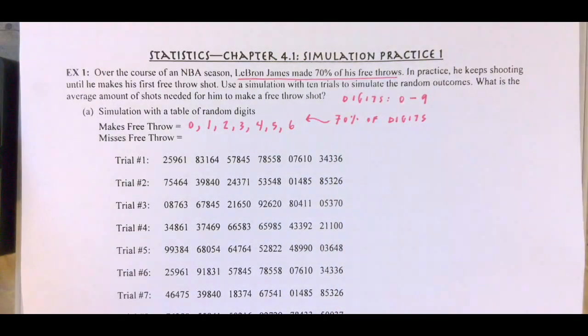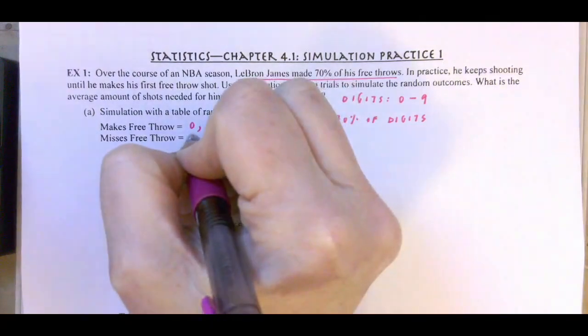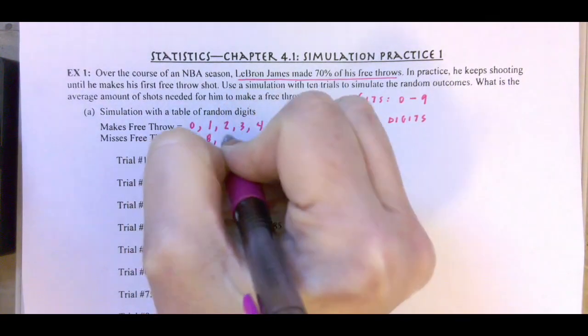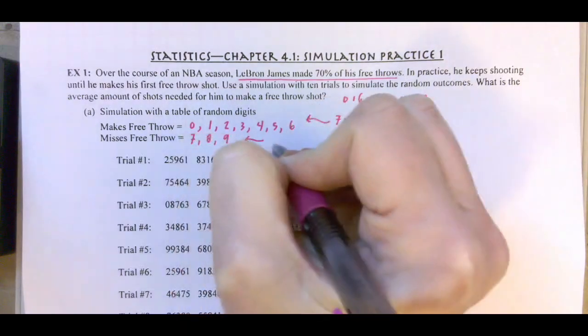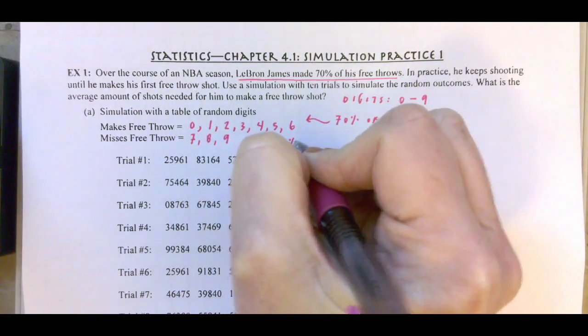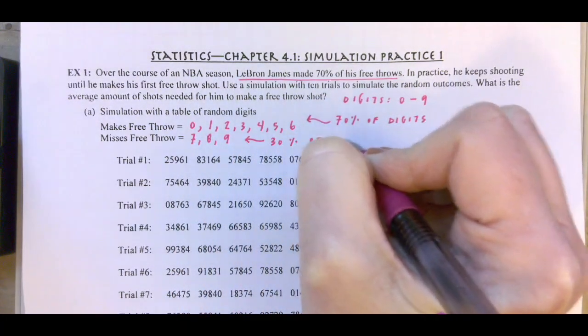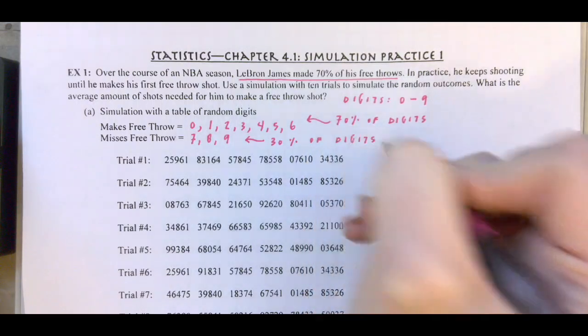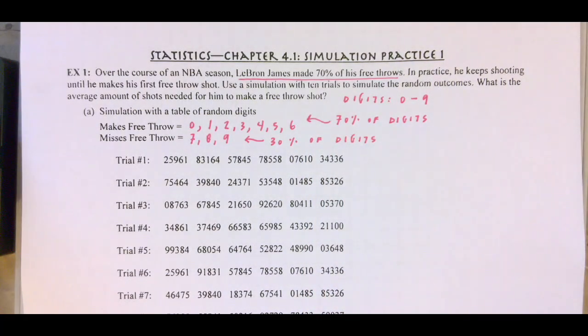Which means I need 30% to represent him missing a free throw shot. So I'll make that the 7, 8, and the 9. So again, this has to be the remaining 30% of digits. Now, did I have to allocate them this way?